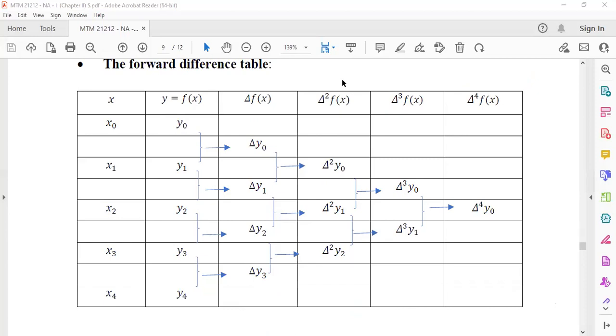As you know, you can read this forward backward difference is a concept of Isaac Newton. He is the one who found these things. So Newton's forward difference, Newton's backward difference are other names for these.